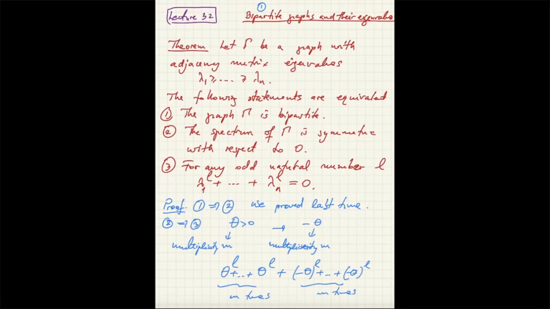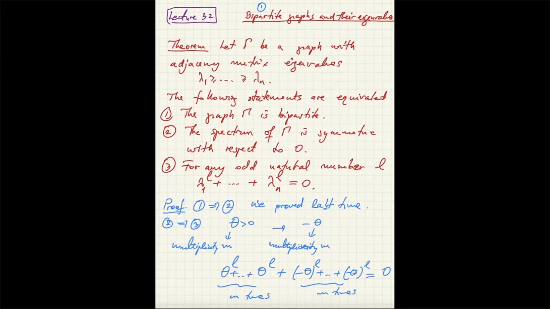And because L is odd, this will give us 0. And so any contribution from a positive eigenvalue theta and its negative will give us 0. And then the contribution from the eigenvalue 0, if it exists, will also be 0. So we get that the sum of the L powers of the eigenvalues must be 0. So that's 2 implies 3.